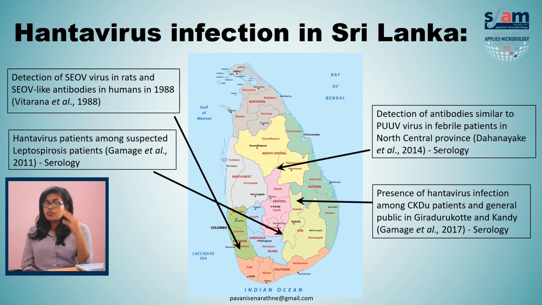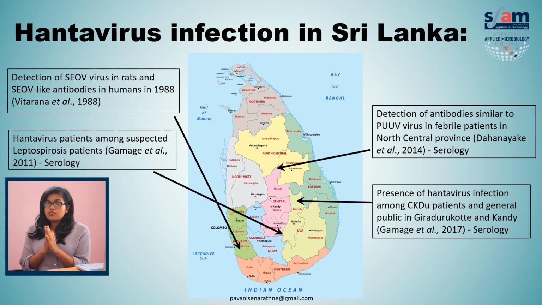And in 2014, there was evidence of Puumala virus infecting febrile patients in the northern part of the country. And in 2017, there was an important study done by Dr. Magee, where there was a hypothesis that hantavirus infection could progress into chronic kidney disease of unknown etiology.